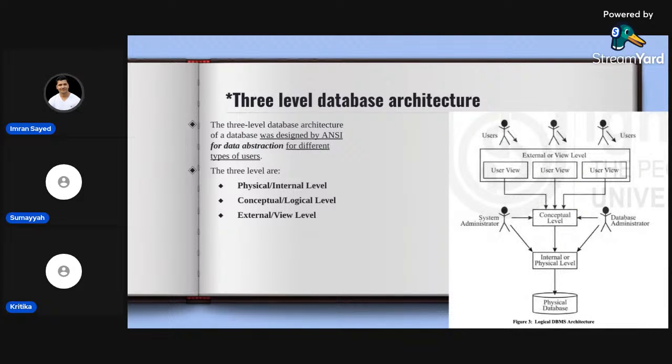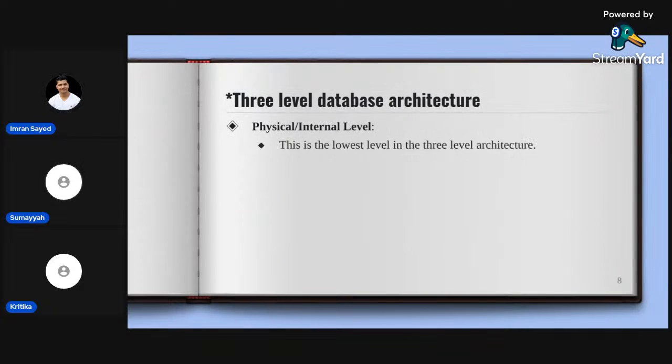Do we need to show everything to the user? No, we can show a specific part of the database to a user, only what is relevant to them. Okay. Asking questions like this is how you will remember this in the examination. Okay, let's move on.